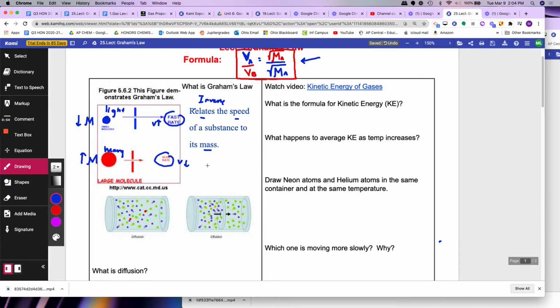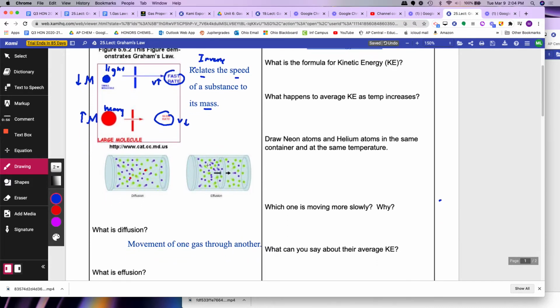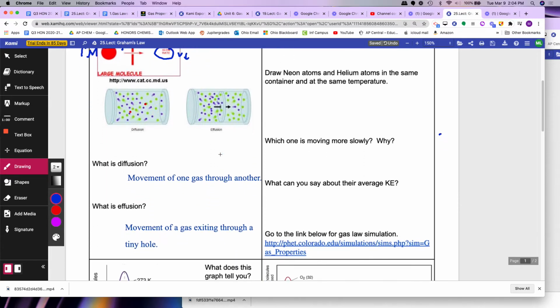So the speed of the molecules, as they either effuse or diffuse, is governed by Graham's law. So you're going to be hearing me say effusion or diffusion. The difference between them is effusion is when it exits. Do you see this exiting through a hole, the gas molecule exiting? That's effusion.